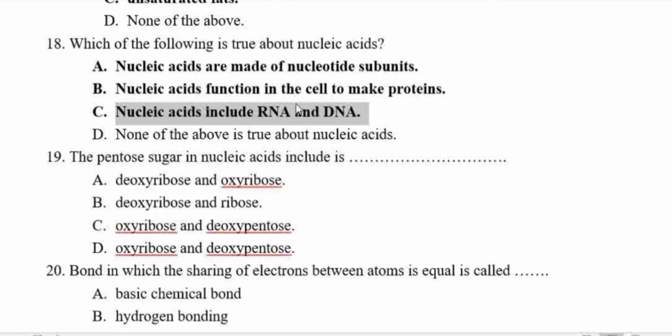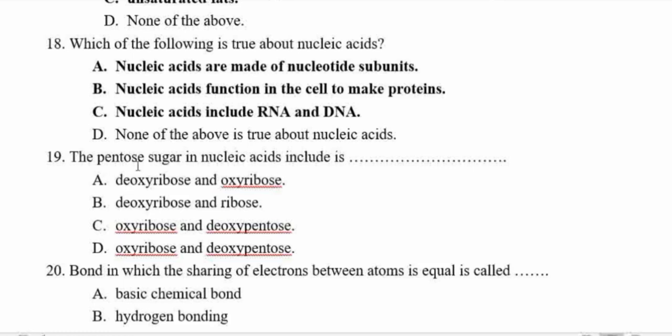We can rather say that they are organisms at the edge of life. Viruses are organisms at the edge of life. So for question 18, the 3 options are all true about nucleic acids.